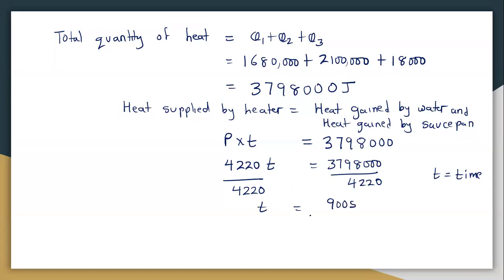Now, it means that for the whole process, for the ice to turn to water and boil up to 100, it will take about 900 seconds. But 900 seconds is not easy to understand, so you need to put it into terms that people can understand well. We know that in 1 minute we have 60 seconds.